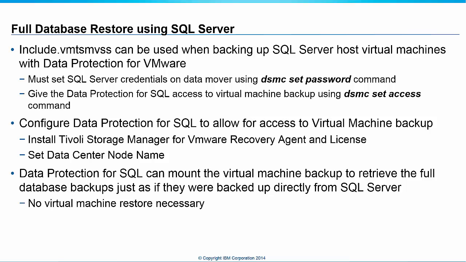If you do that, then you'll be able to restore the SQL Server database directly from the virtual machine backup. You won't have to restore the virtual machine. You can just bring up the TDP for SQL and point to the virtual machine backup and pull back the database.